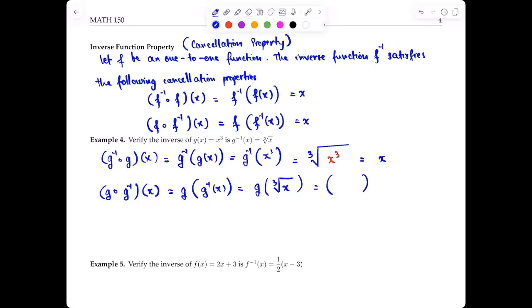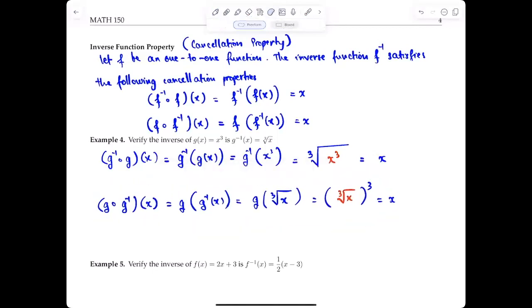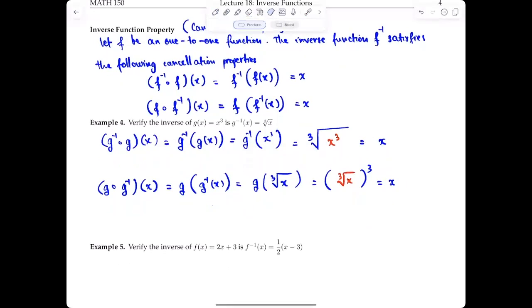What we are looking for is g of the cube root of x, so you take out the x and replace it with the cube root of x. Again, the cube root and the third power cancel out, and you're left with just x. Any questions? We good? Okay, so that's how you check if two functions are inverses of one another.